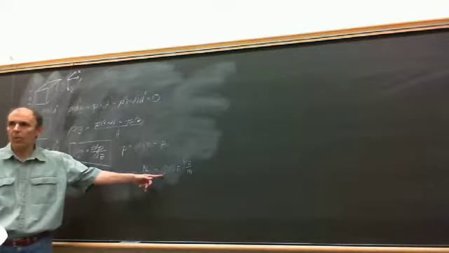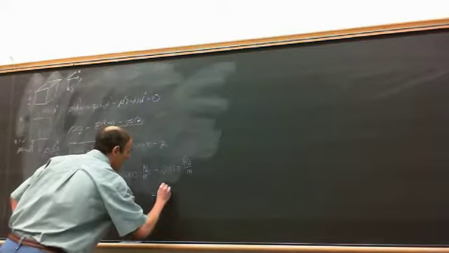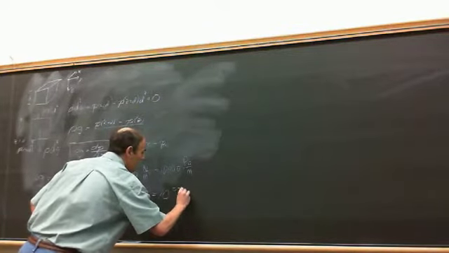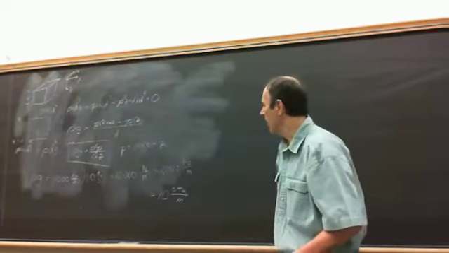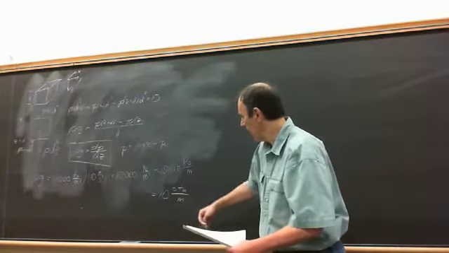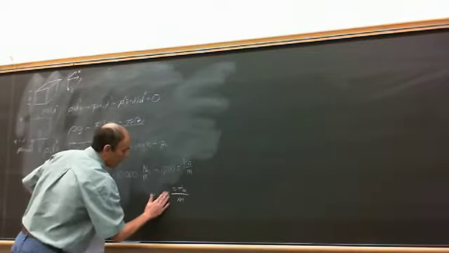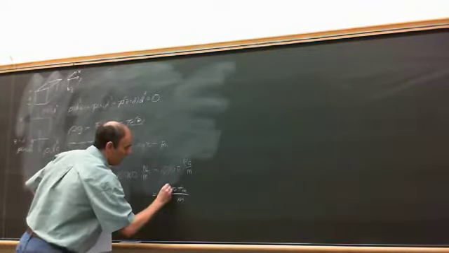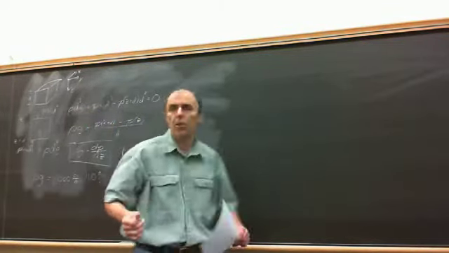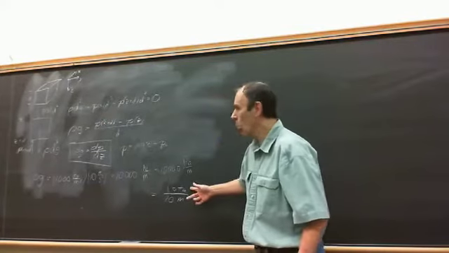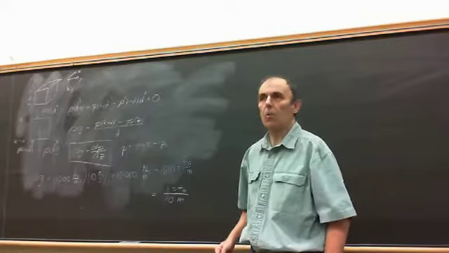This is 10 to the fourth pascals per meter. So you could write that as 10 atmospheres per meter. Is that right? No, I didn't write that right. It's 1 atmosphere per 10 meters. If you work out the unit conversion, you find that you get 1 atmosphere of pressure for every 10 meters you go down in the water.